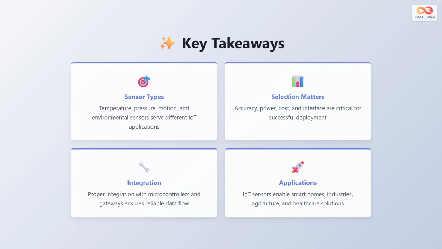Third, proper integration of sensors with microcontrollers and gateways ensures reliable and continuous data flow in your IoT system. Fourth, IoT sensors enable innovative solutions across smart homes, industrial automation, agriculture, and healthcare. By understanding these concepts, you are now equipped to design and build effective IoT systems.